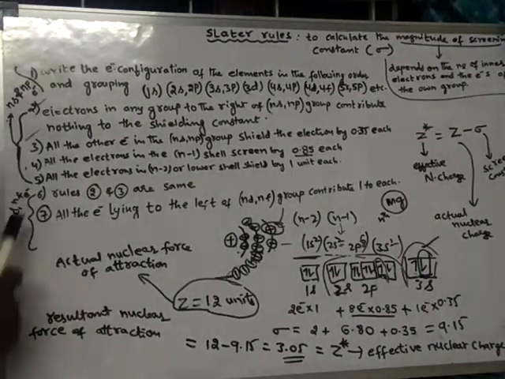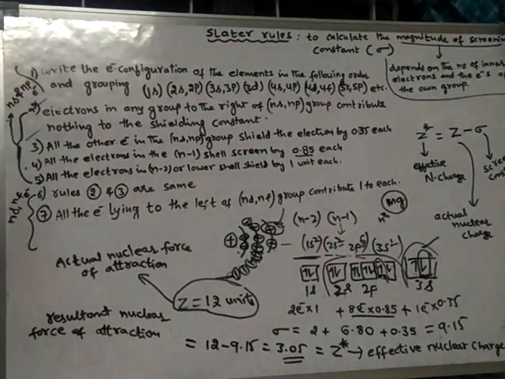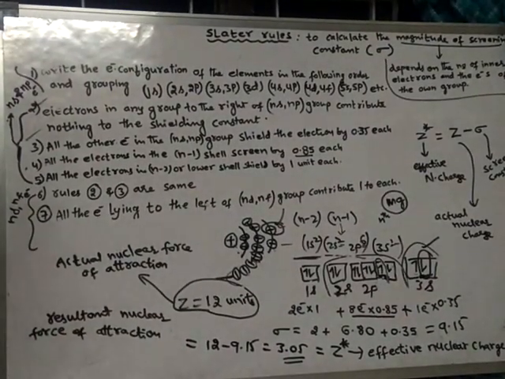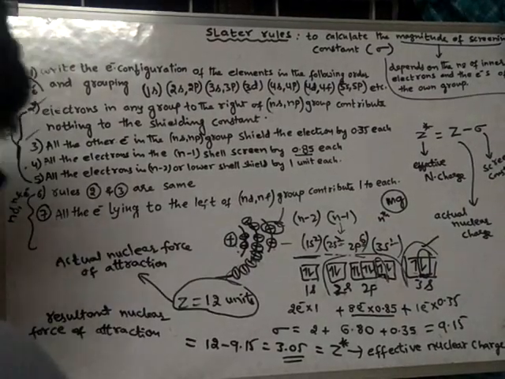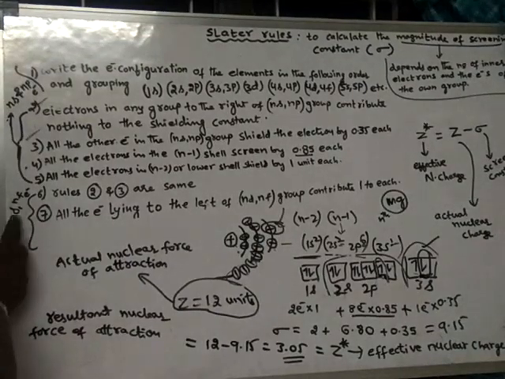Now we will learn the 6th and 7th rules, which are related to ND and NF electrons. We will take another example to learn rules 6 and 7.